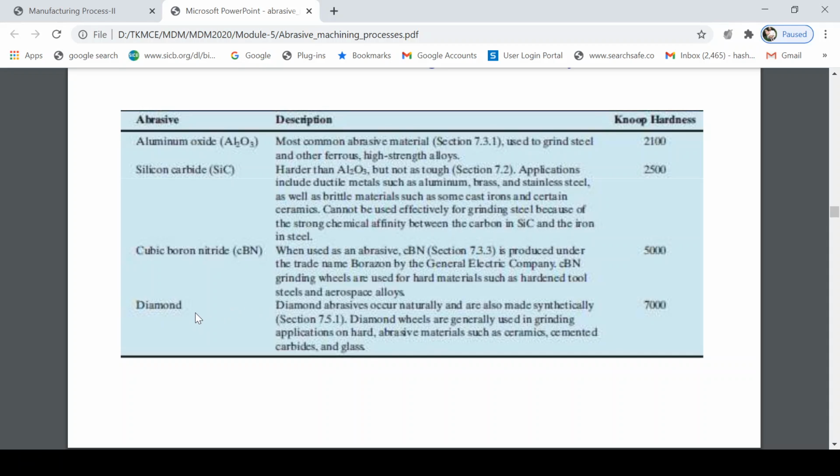Then another hard material used as an abrasive is diamond. Diamond abrasives occur naturally and are also made synthetically. Diamond wheels are generally used for grinding hard materials like ceramics, glasses, and cemented carbides.